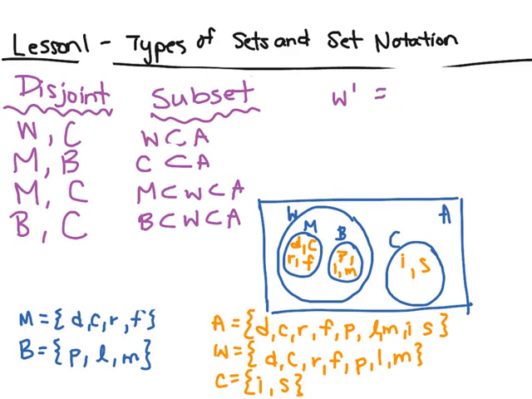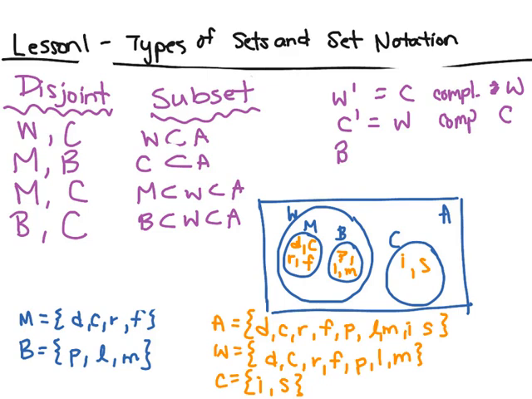But because W prime and C are the same thing, we know that this is complementary to W. So the complement of W is C. C prime is the same as W, so everything that's not in C is in W. So the complement of C is W. And it can go the same with B and M as well.